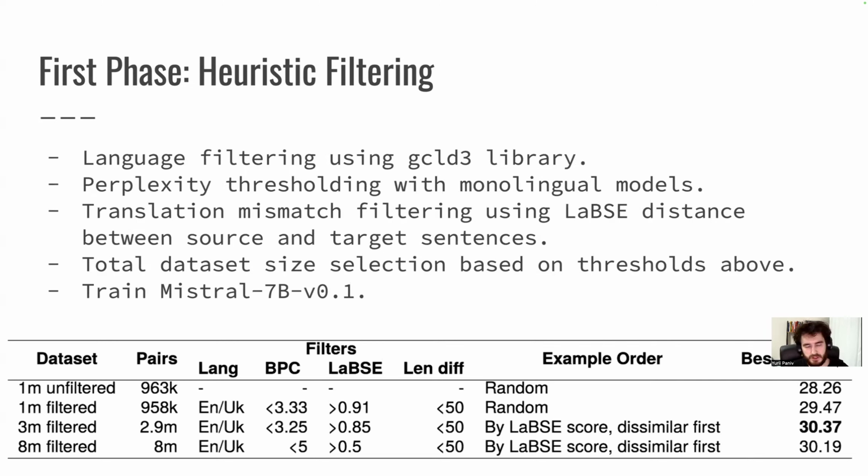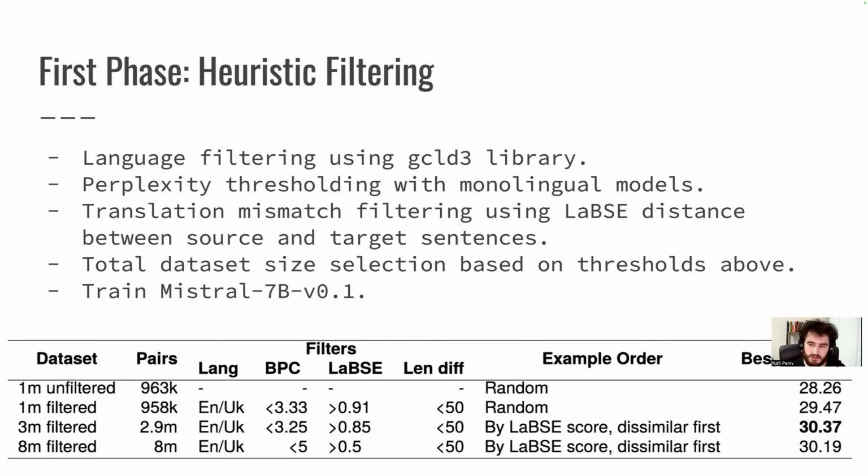We applied perplexity thresholding with monolingual models. We applied translation mismatch filtering using Lebesgue distance between source and target sentences, rewarding those translation pairs where source and target sentences were close to each other. And we selected total dataset size based on the thresholds above.